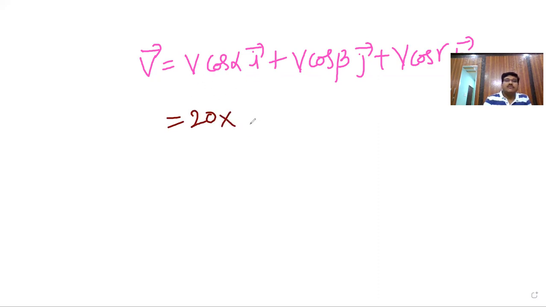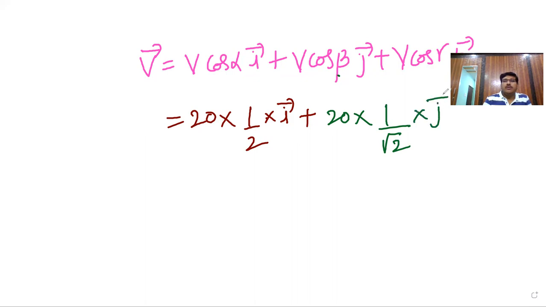Cos alpha is cos 60, which is half, into i bar. Plus V is 20, cos beta, which we just got, 1 by root 2, into j bar. Plus V is 20, cos gamma, gamma is 60, cos 60 is half, into k bar.